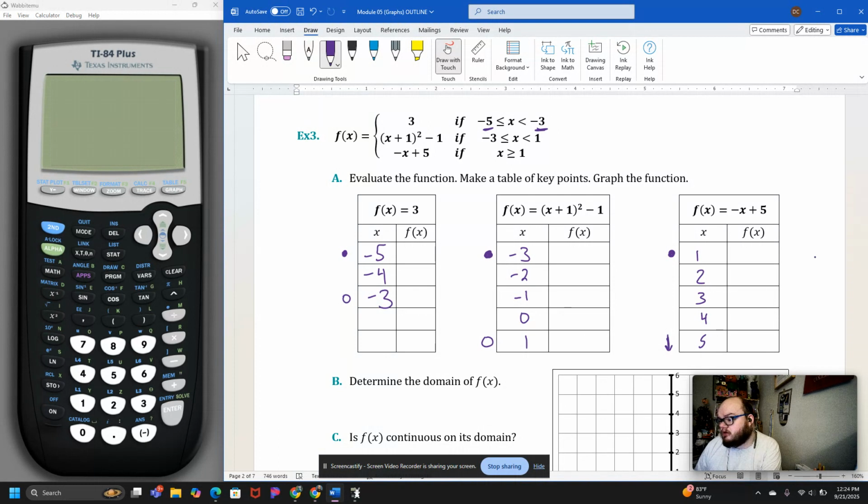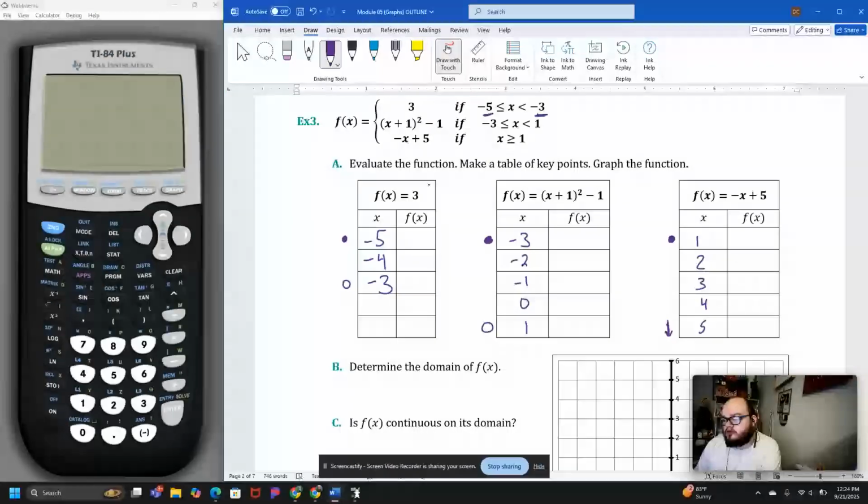Okay, an arrow saying, hey, I stopped at 5 on my table, but really I could go to infinity and beyond. Okay, so now we're just going to plug these in. Well, every output is 3 because there's no x or anything on that one, so it's just 3 across the board. So that one was a little quicker than some of the other ones.